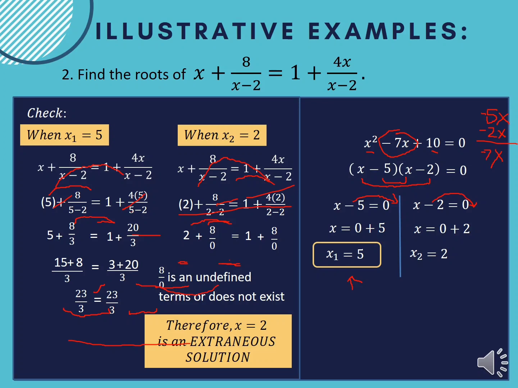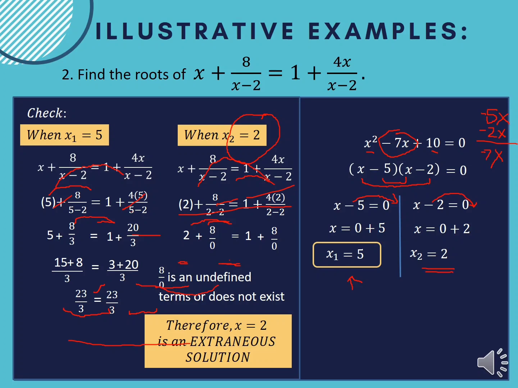Therefore, we can say that x is equal to 2. Itong value ng x which is 2 is an extraneous solution. Sabihin, nagpanggap lang siya. When we say extraneous solution, nagpanggap lang siya na solution ng ating rational equation.